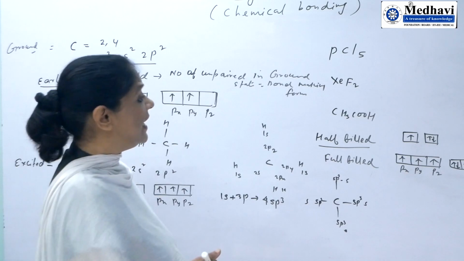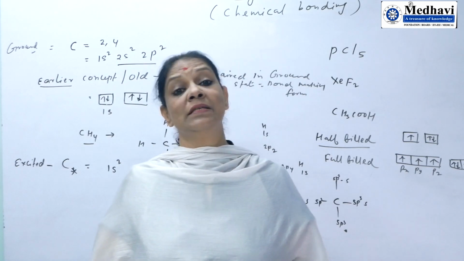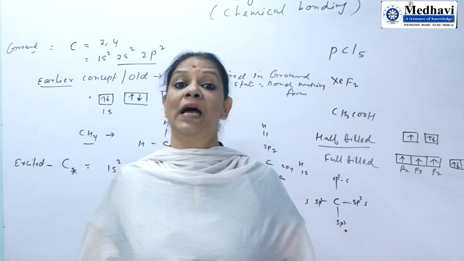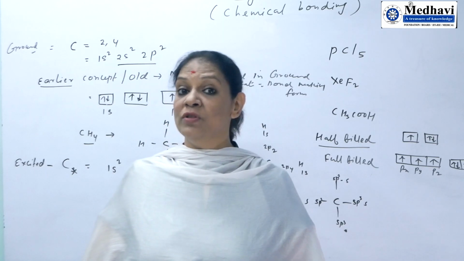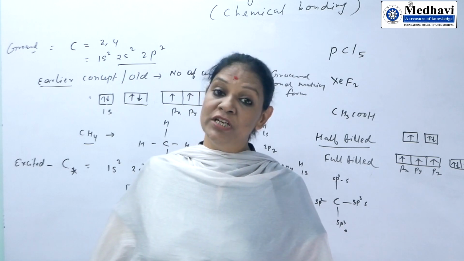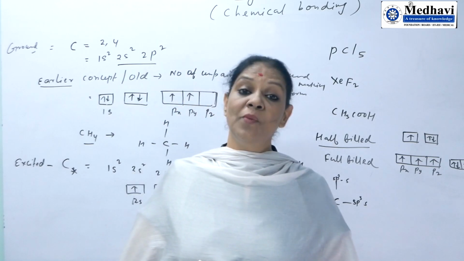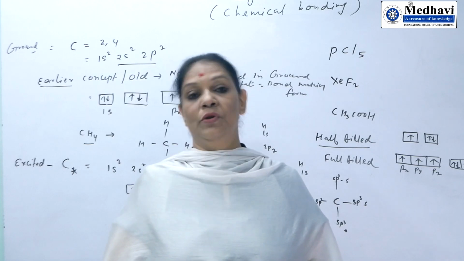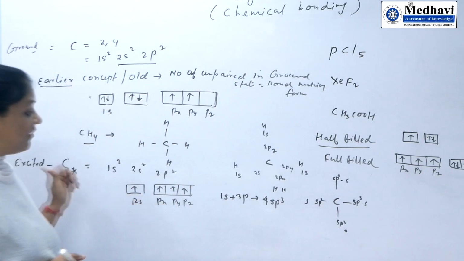So we can say that hybridization is a process in which intermixing of 2 or more pure orbitals takes place in such a way that energy is redistributed between the pure orbitals and equivalent hybrid orbitals are produced.